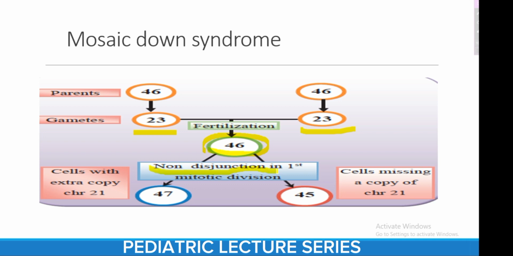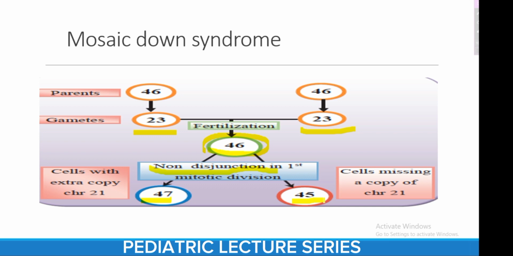There is a disjoining that doesn't occur. In other words, therefore, some cells are formed with an extra 21 chromosome and other cells continue without this 21 chromosome. Therefore, they have less number of chromosomes.